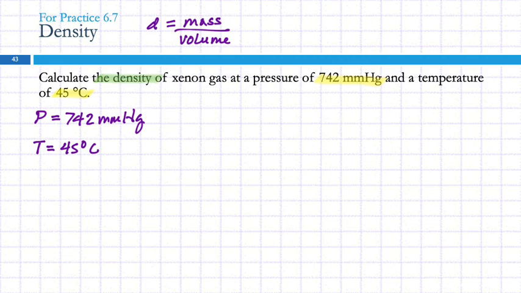We can pick the amount of gas because the density is going to be the same. So let's choose something that makes our lives easier. We're going to choose to look at 1 mole of gas. What's the mass of 1 mole of xenon gas?